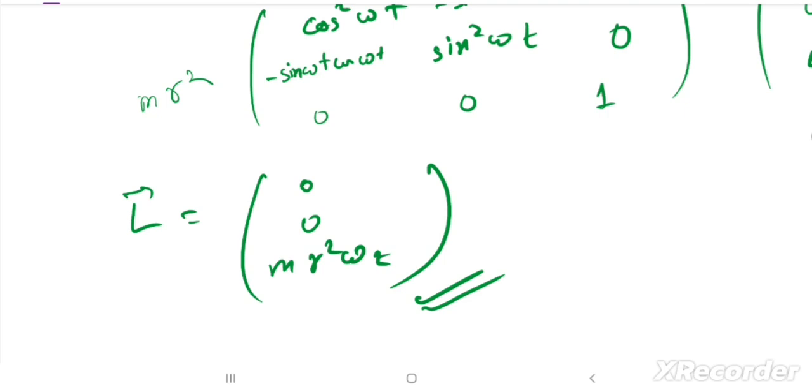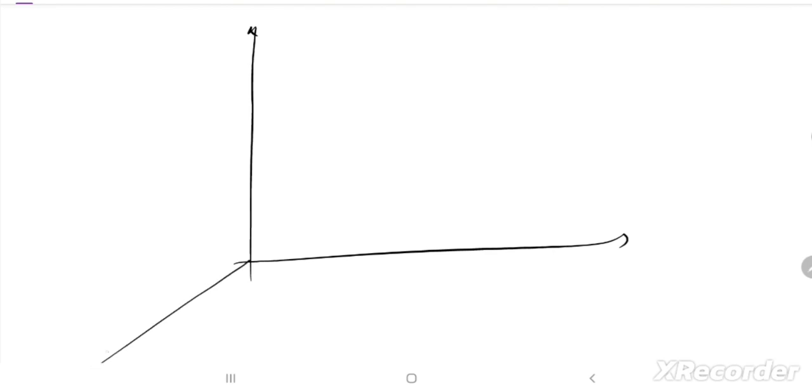Now I'll be coming with another case in which the circular motion is shifted above the origin. Now here's my circle, and here's the z coordinate z0. In this case, it's a bit difficult to define all of them.